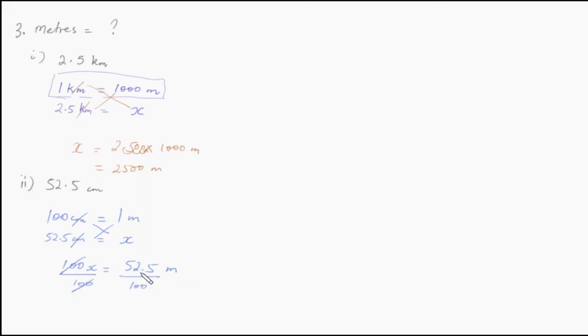So when you divide by 100, you are going to move the decimal point 2 steps to the left. It will come here, 1, 2. So you are going to have your answer as 0.525 meters. Therefore, there are 0.525 meters in 52.5 centimeters.